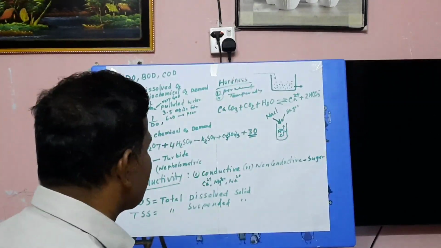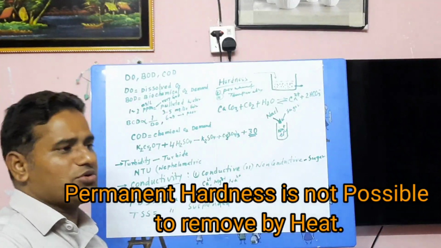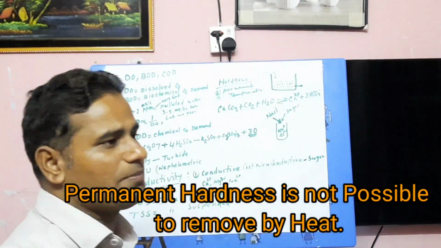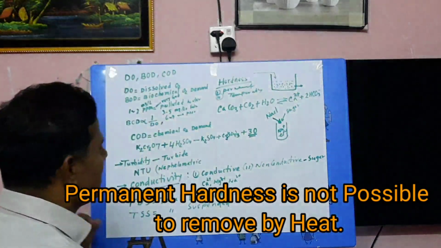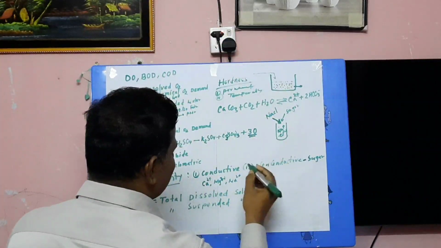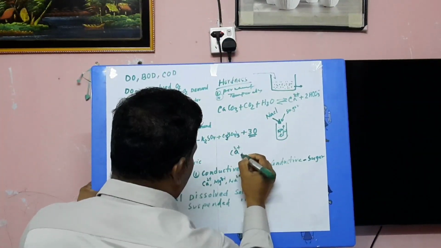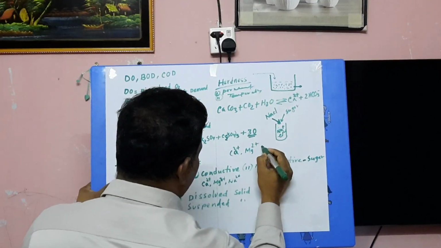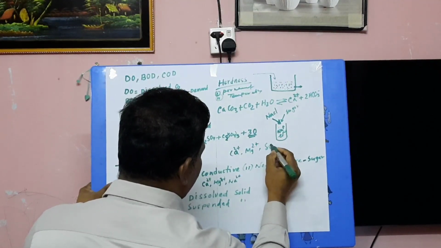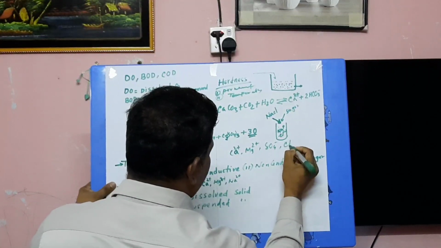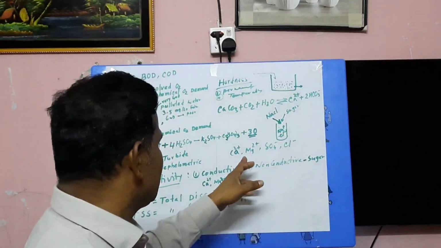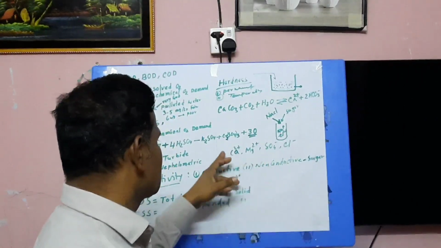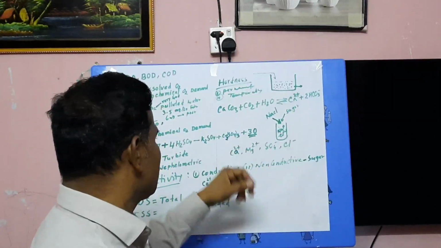What is permanent hardness? This type of hardness cannot be removed by heat. It is called permanent hardness because calcium and magnesium ions with sulfate or chloride will not be removed if you provide heat. So that's why it is called permanent hardness.